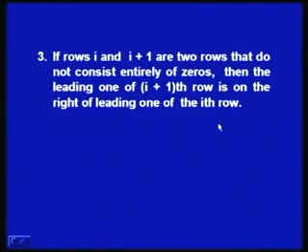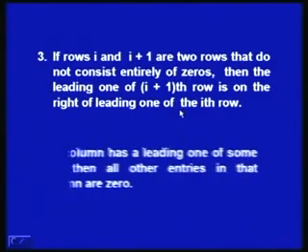The next property is, if there are 2 rows having non-zero elements, that means rows not consisting entirely of zeros, let us say the rows are the ith and the (i plus 1)th, then the leading one of the (i plus 1)th row is on the right of the leading one of the ith row. This I will explain with the example.